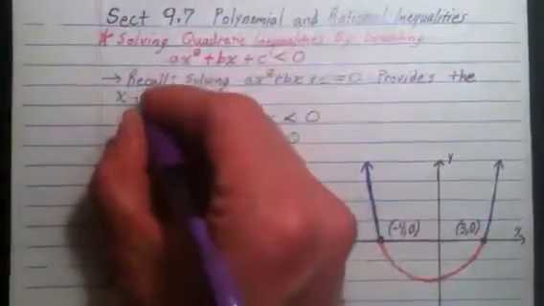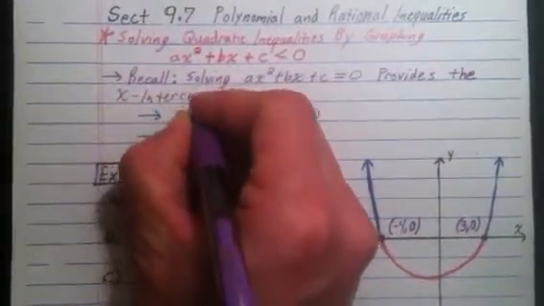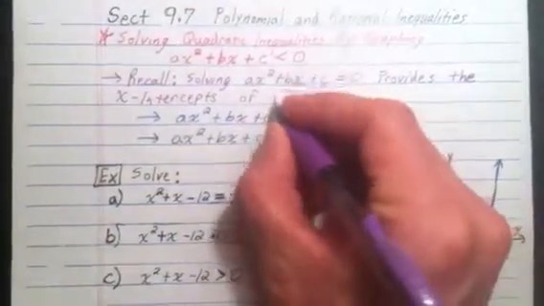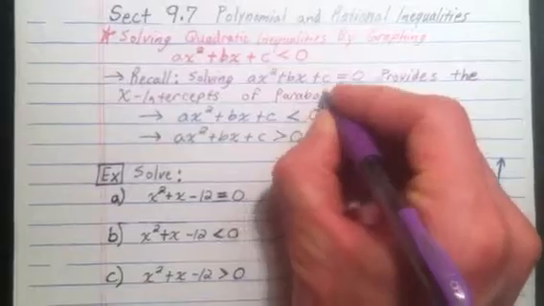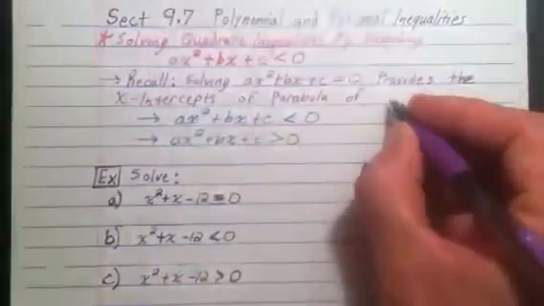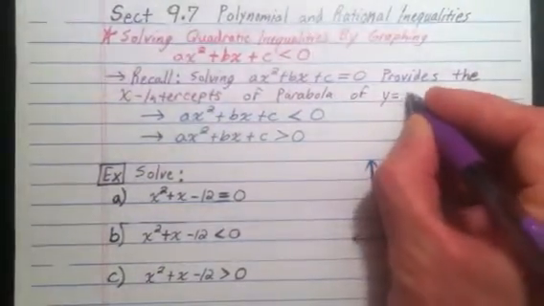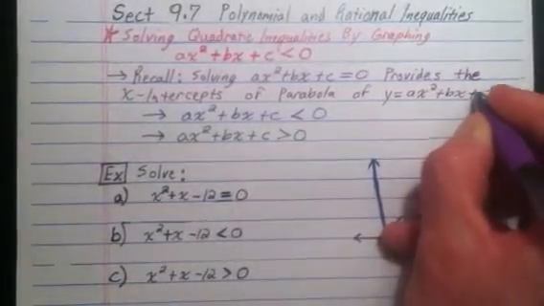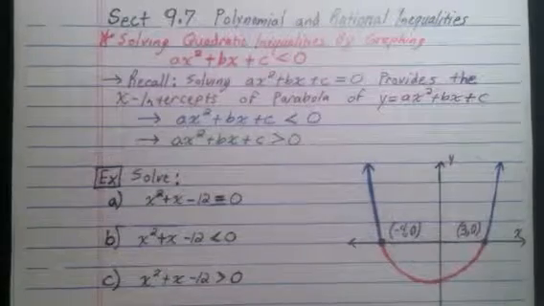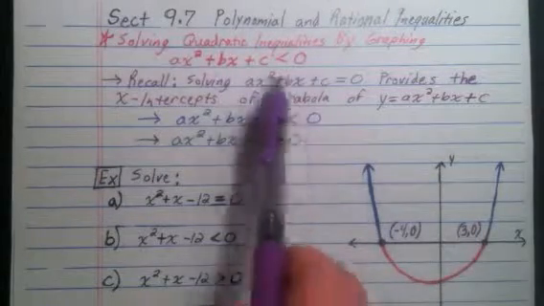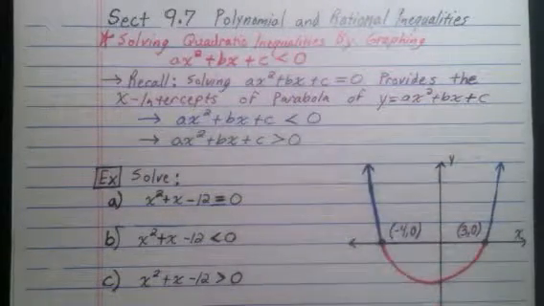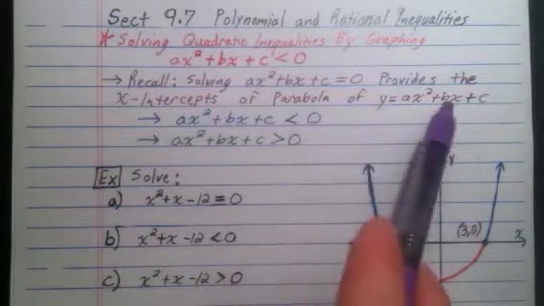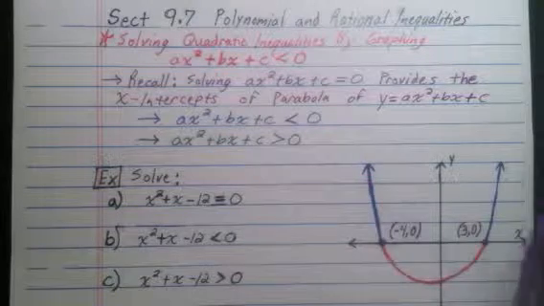So it provides the x-intercepts of the parabola of the equation y equals ax squared plus bx plus c. So solving a quadratic when we set it equal to 0, finding those two x values, actually tells us the x-intercepts of the graph, where it would cross the x-axis.